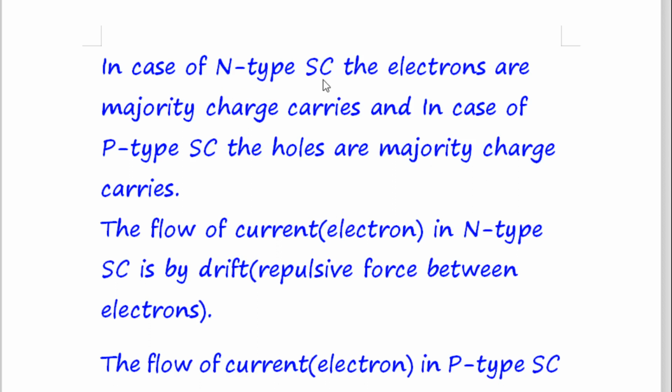In the case of n-type semiconductor, the electrons are majority charge carriers, and in the case of p-type semiconductor, the holes are majority charge carriers. So this we have already elaborated. The flow of current, that is electron, in n-type semiconductor material is by drift, meaning what? Repulsive force between electrons.